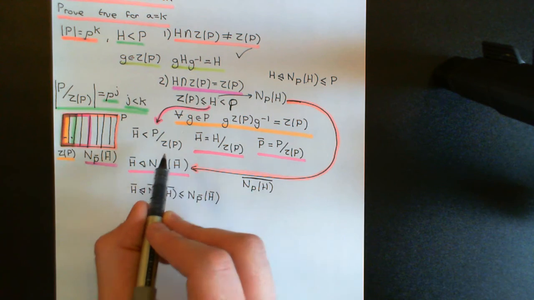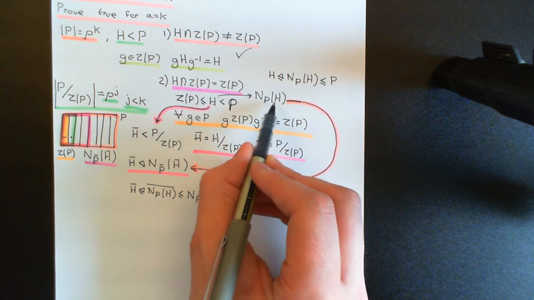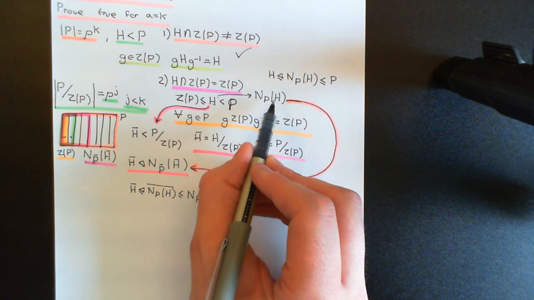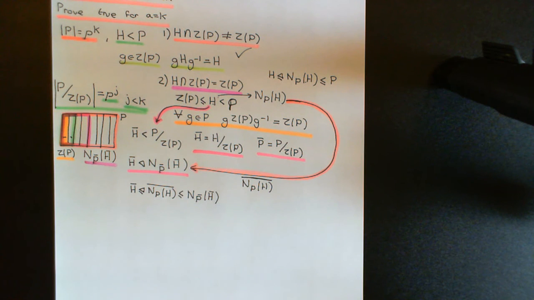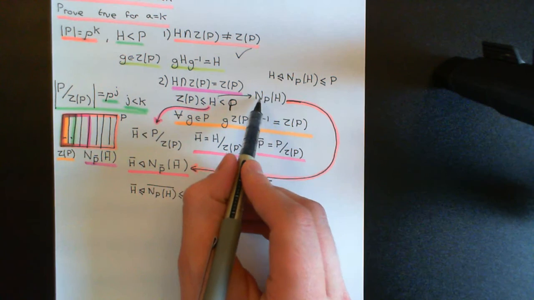So what's transferred would end up having to be contained in the normalizer of H in P, which is the largest subgroup of P that contains all of the elements which normalize H. So once transferred, it would have to be a subgroup of that.